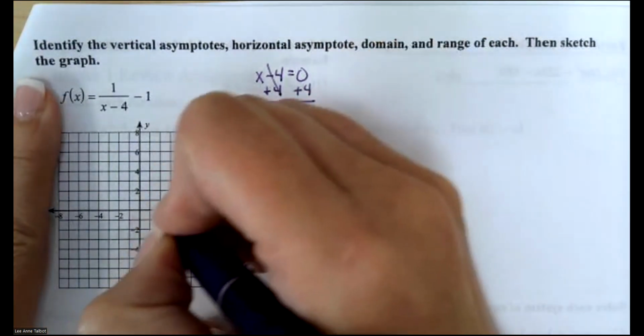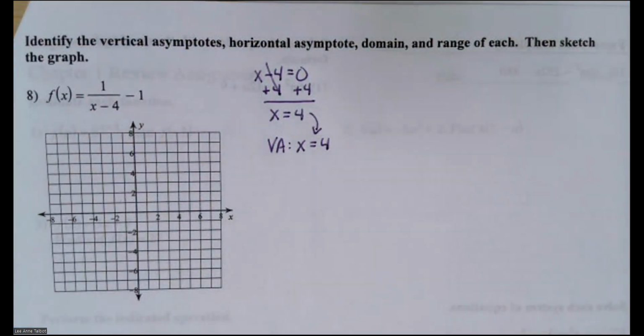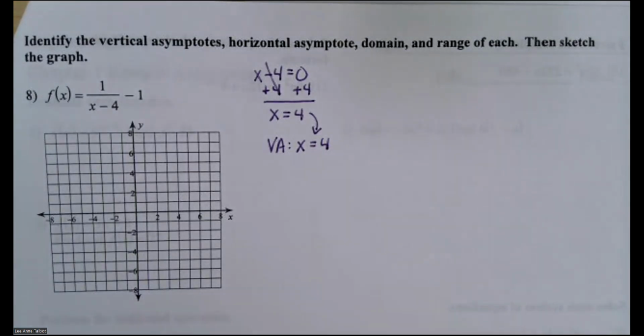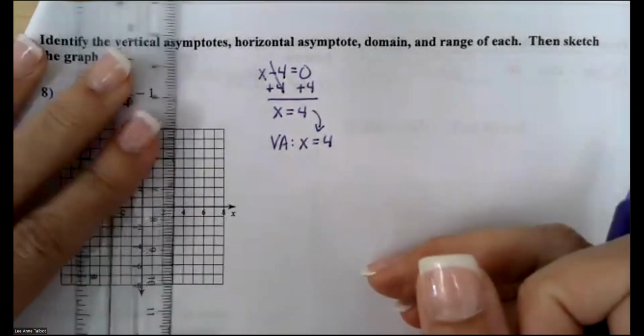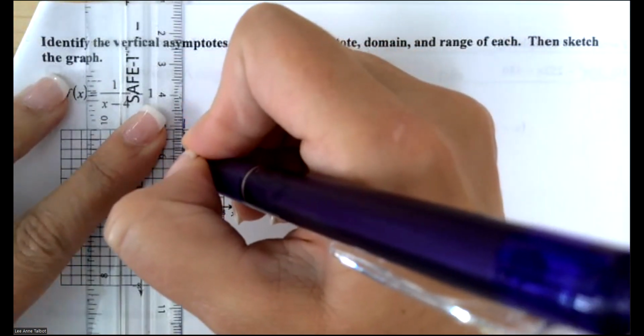Okay, now I was very picky on the quiz for this. If you did not write x equals 4 and just put 4, I marked it wrong. Be mad if you like, but my standards are high.